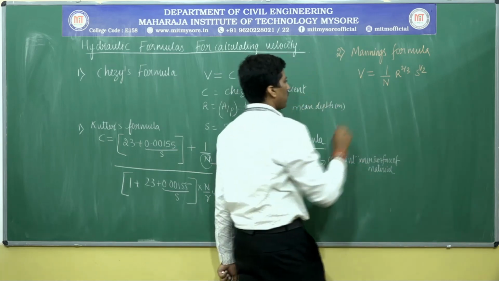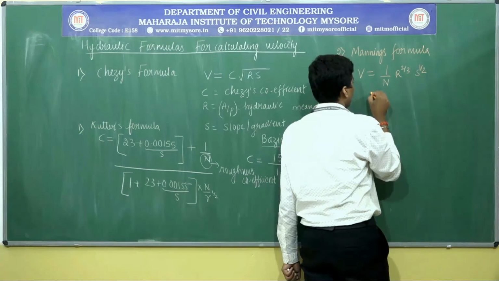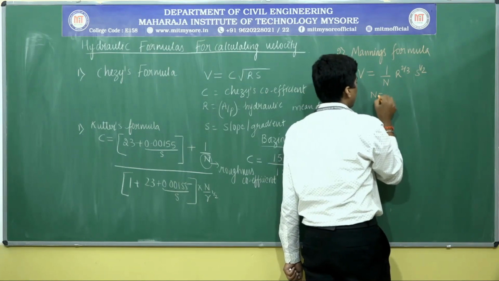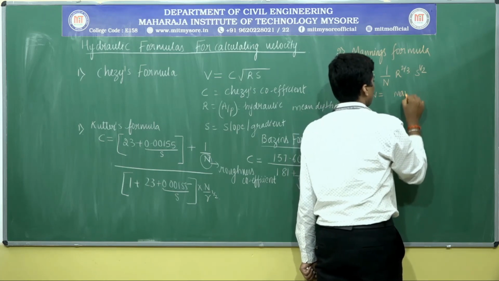Again, n can also be taken as small or maybe capital. In some of the textbooks they mention n as the Manning's roughness coefficient.